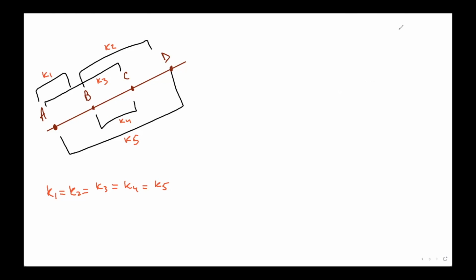Imagine that you have a line. Let me use a different color. Okay, this is A, this is B, this is C, and this is D. So I have to write the coordinates. Let's say A is 2, 7. B is 5 and 12.